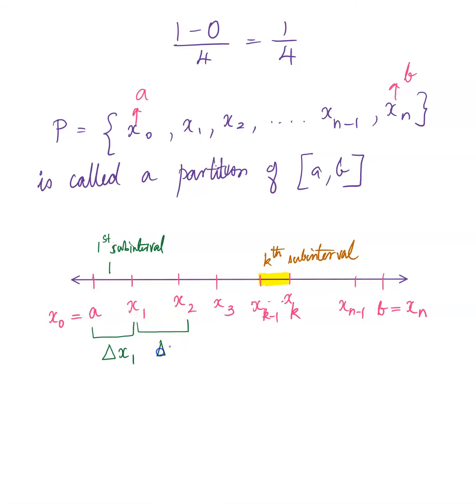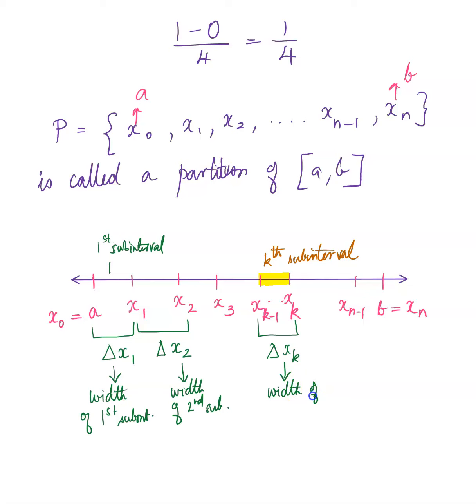For this one it will be delta x2 to indicate the width of the second subinterval, and so on, xk minus 1 to xk. That will be delta xk, making it the width of the kth subinterval.